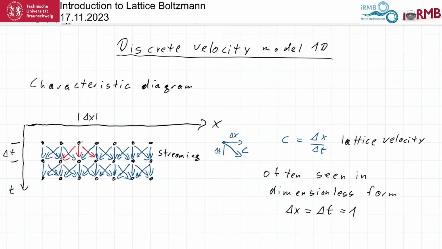This is where the arrows are. And then comes a collision. This is where the dot is. Collision. And then there's streaming again. And then there is collision again. So what the algorithm does is stream the particles from one node to another node, and then it collides the particles on the nodes.